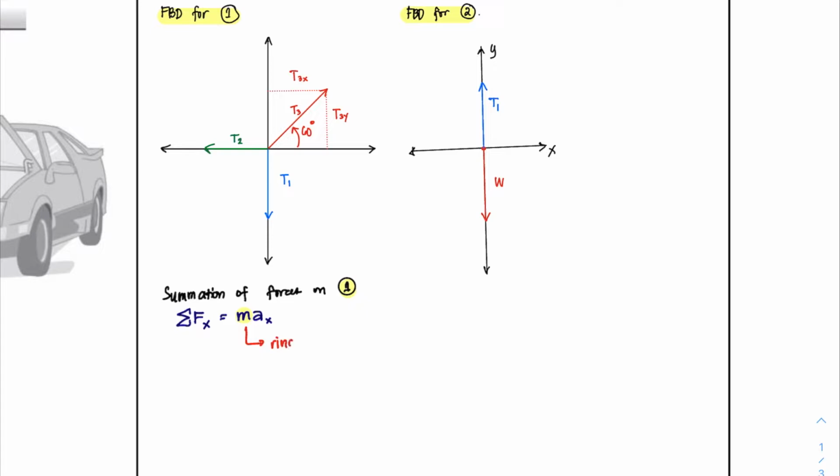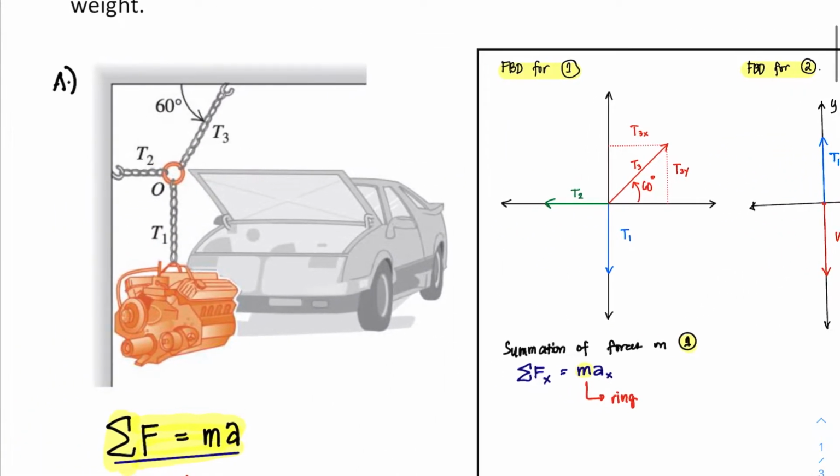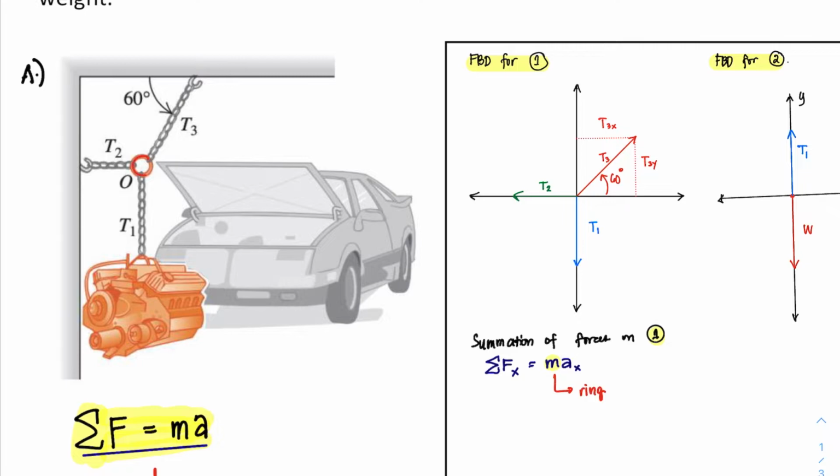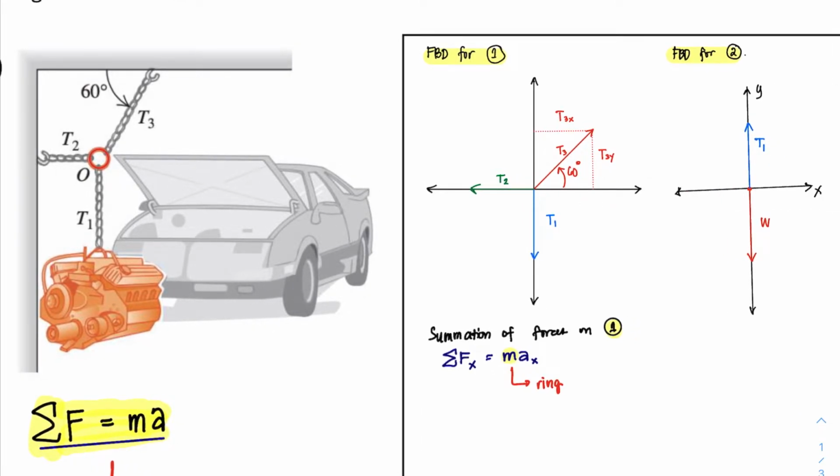The mass in this case is the mass of the ring in the problem, because your forces, if you remember, are interacting on this body over here, which is your ring. And then your a_x, this one over here, is the acceleration of what? Still the ring. This is the acceleration of the ring, and this is also the mass of the ring.